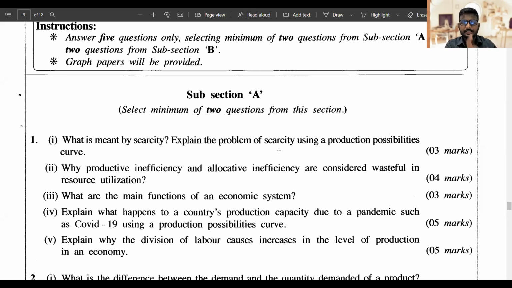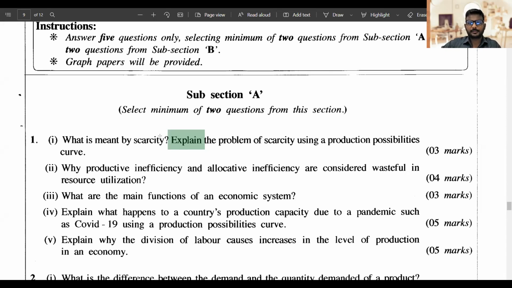The second part is explain the problem of scarcity using a production possibility curve. Explain, right? That part is important here. So you have to draw the PPC and then explain how this PPC is presenting scarcity.